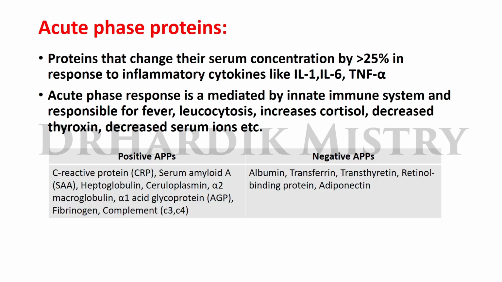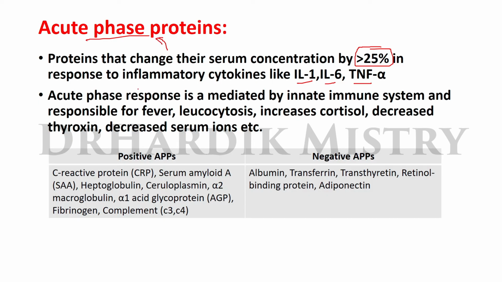Now what are acute phase proteins? Proteins that change their serum concentration by more than 25% in response to inflammatory cytokines like interleukin 1, interleukin 6, tumor necrosis factor alpha, these proteins are known as acute phase proteins.